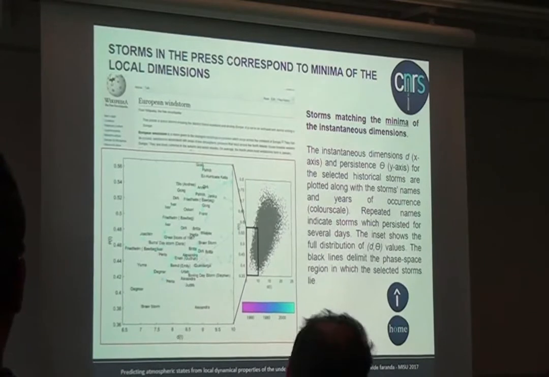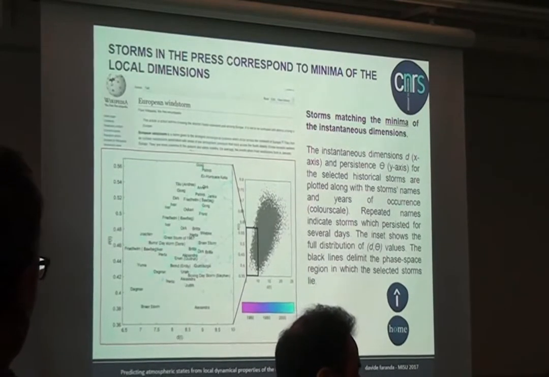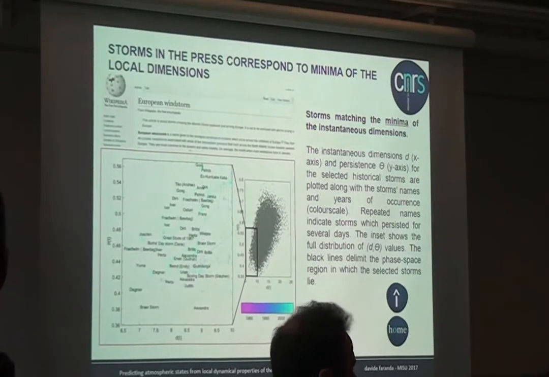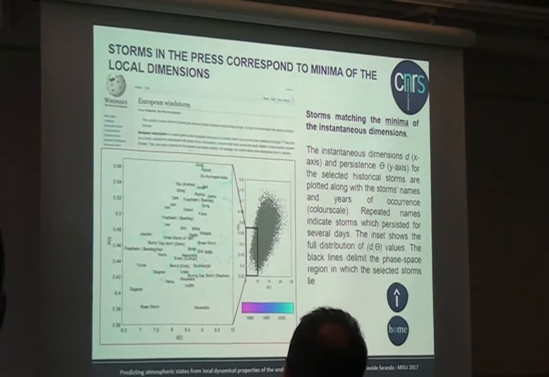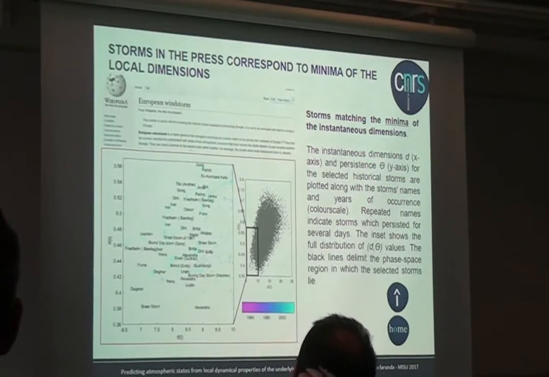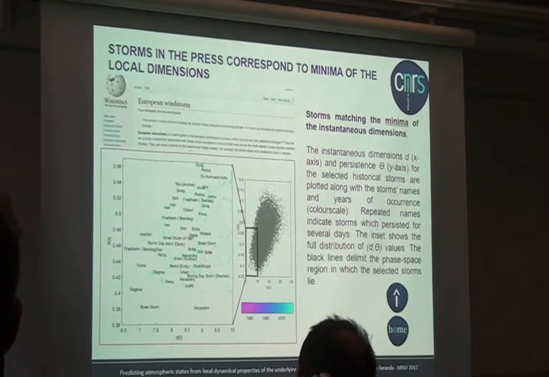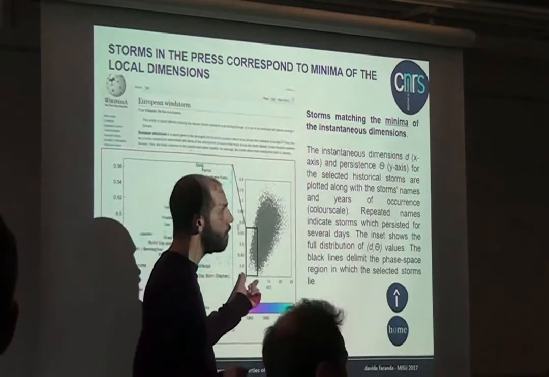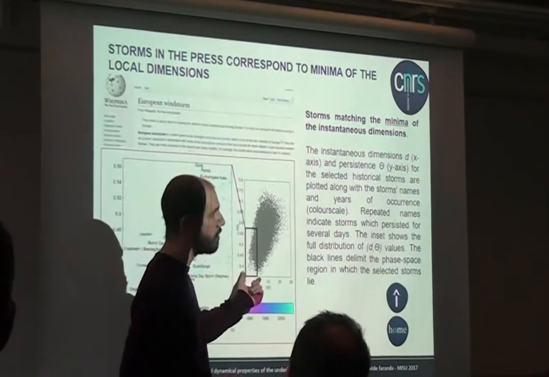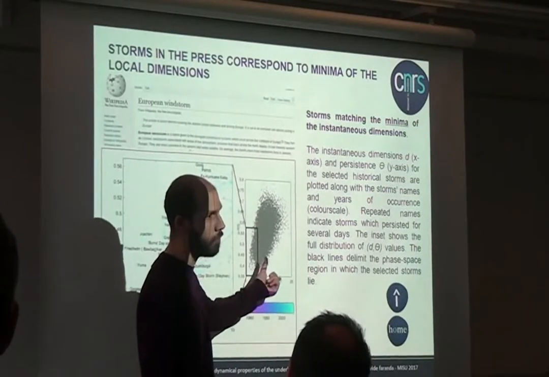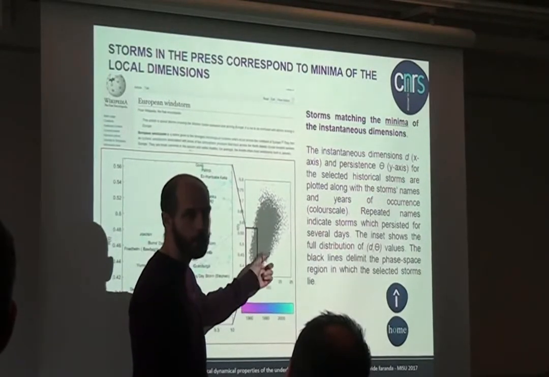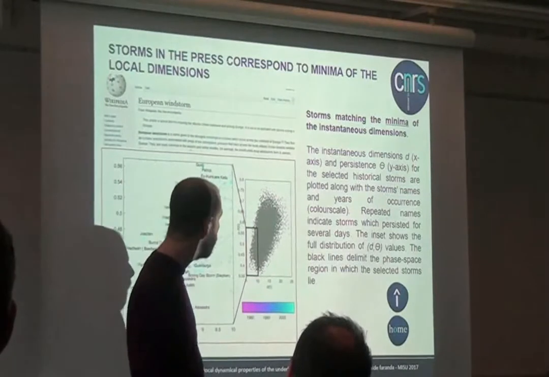Can you explain better what you have done? So, on this Wikipedia page there are the days where these storms occur, and then I compute the probability that these storms are in the minima with respect to the probability that they are anywhere on the diagram.